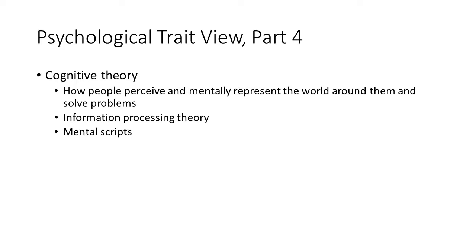Let's look at the other psychological perspective, the cognitive theory. It focuses on the mental processes by which criminals perceive and represent the world around them and how they solve problems. Cognitive is defined as an ability to process information.